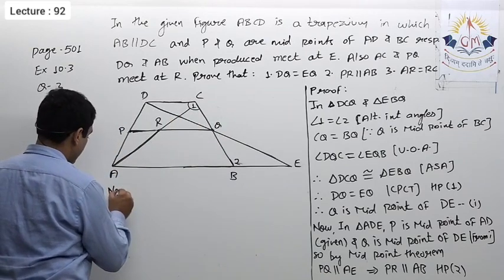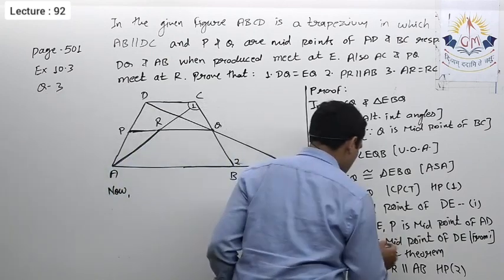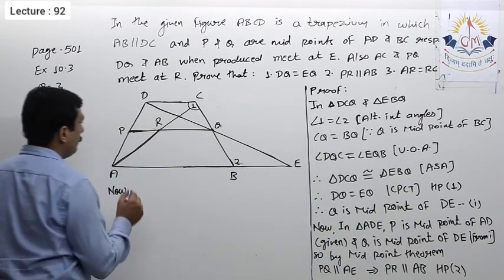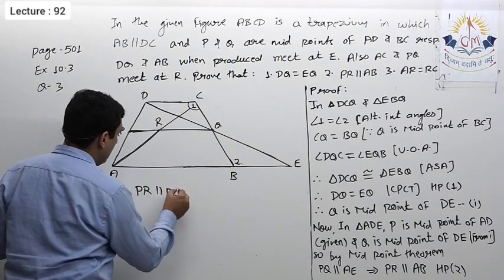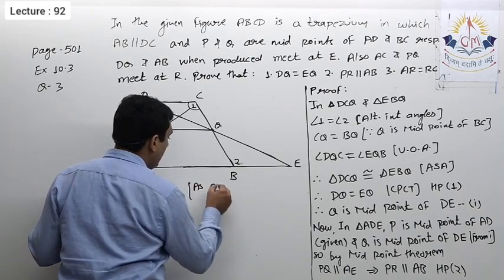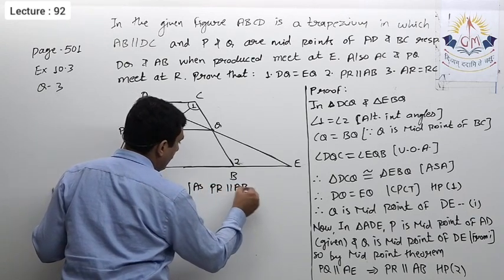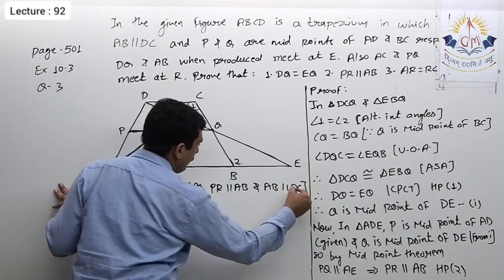Now PR parallel DC, as PR parallel AB and AB parallel DC.